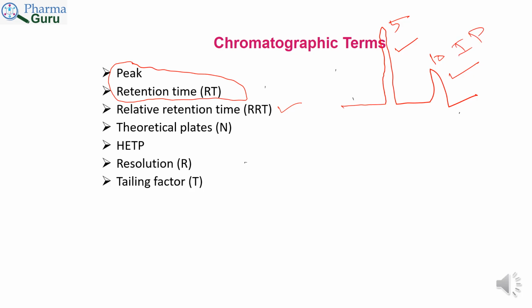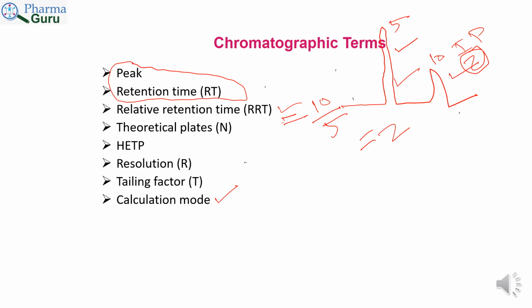Then RRT will be 10 divided by 5, that is 2, for peak 2 or impurity peak. Hence, we can define that RRT is the relative location of an impurity peak with respect to main analyte peak in the chromatogram. Rest of the terms I am going to discuss in upcoming slides. I will also discuss calculation mode.